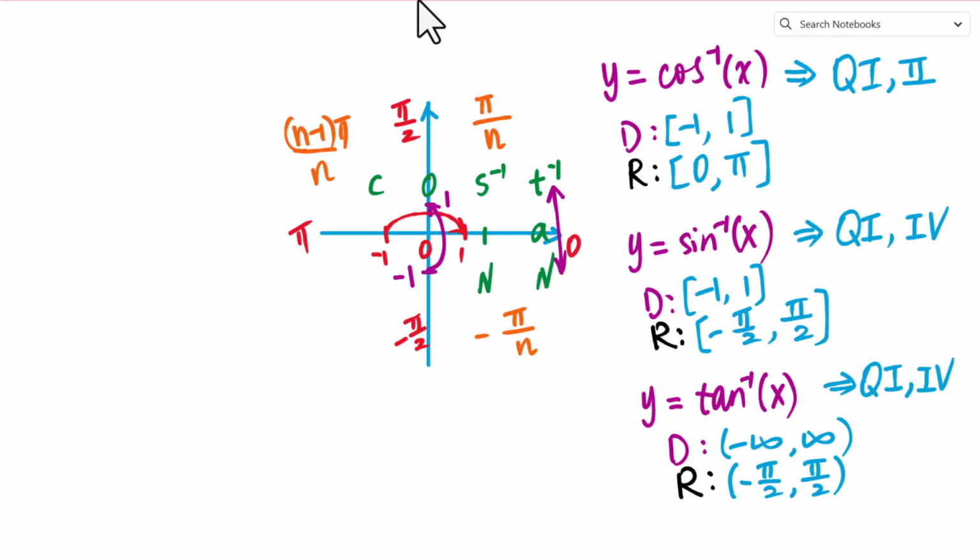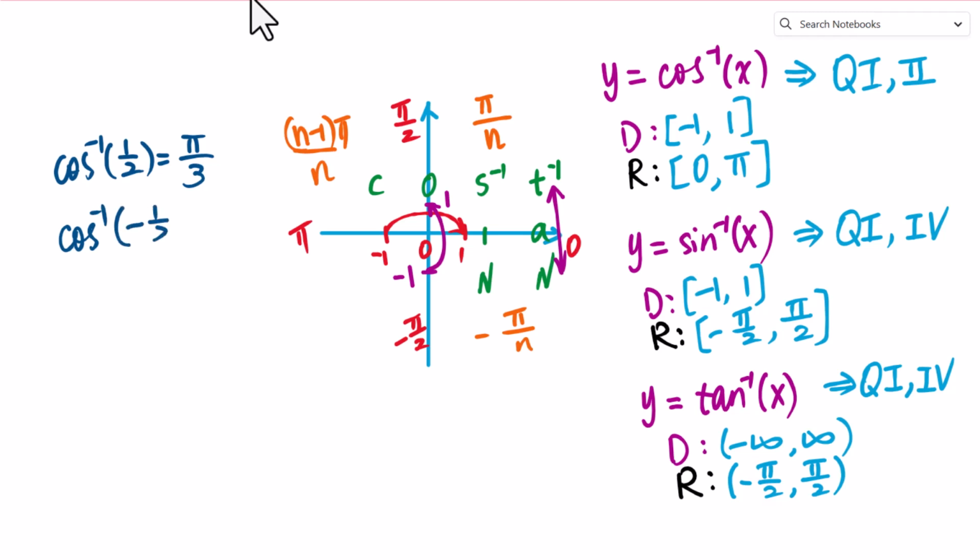For example, inverse cosine of 1/2 equals pi over 3, because cosine pi over 3 equals 1/2. But inverse cosine of negative 1/2 equals 2 pi over 3.